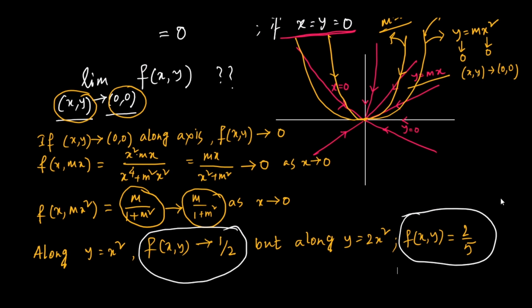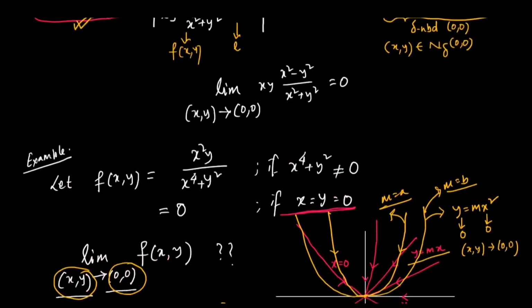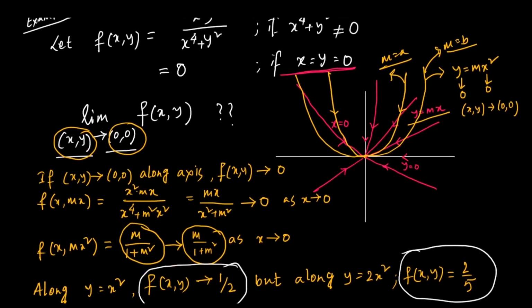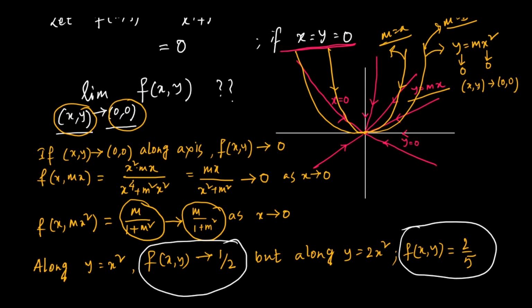And remember, if you get, like in the previous case, along the axis lines or along y equal to mx, we have seen that we were getting the same approach points. But remember, if you get, for some curves, for a finite number of curves, or maybe for a family of infinite number of curves, that f(x,y) approaches the same value, that does not guarantee that the limit will exist, because there may be some other type of curves, maybe some other family of curves, which might produce a contradiction.